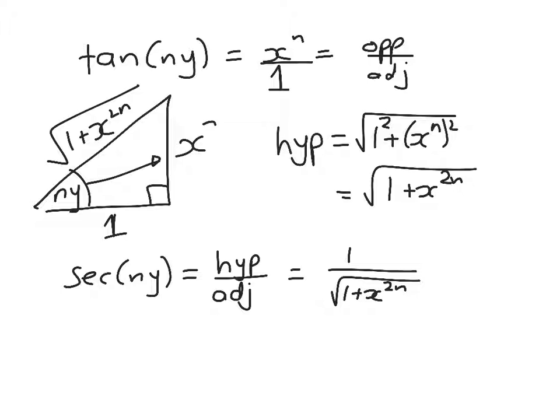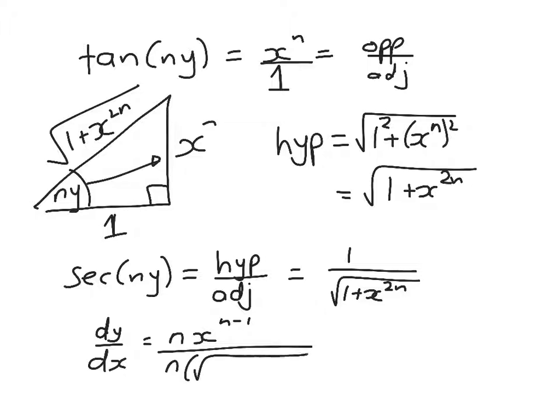We've got dy by dx is equal to n x to the n minus 1 over n, and then sec squared of ny will be that sec squared, which is equal to x to the n minus 1 over 1 plus x to the 2n.